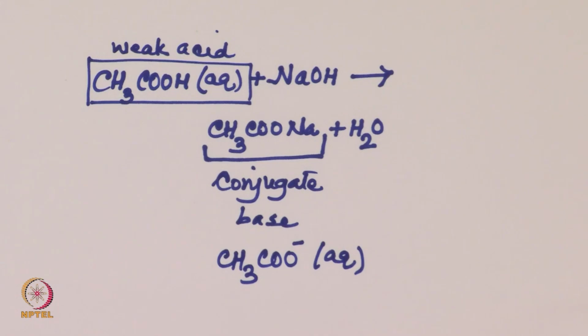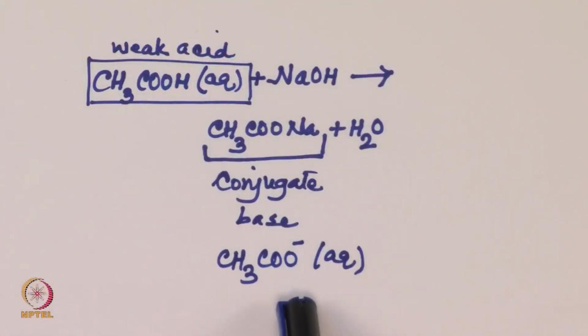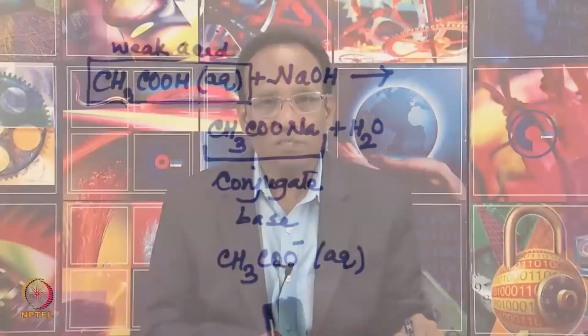When we titrate weak acid with a strong base, CH3COO minus is a Bronsted base, it can accept a proton, and therefore, we can expect the solution to have a pH which is greater than 7, because pH greater than 7 is supposed to be an alkaline solution, that is, in which there is an excess of the base.